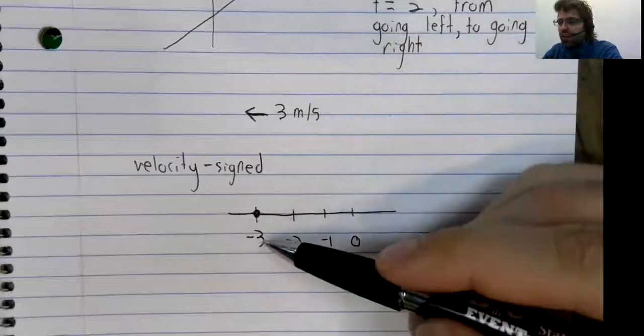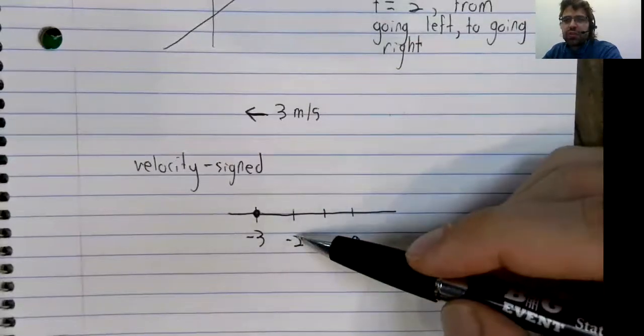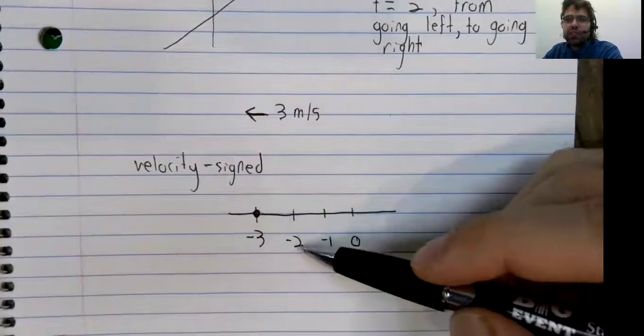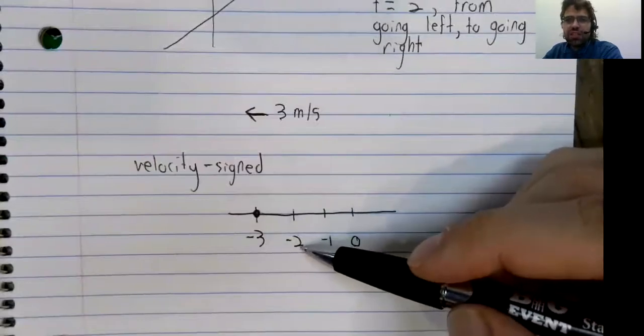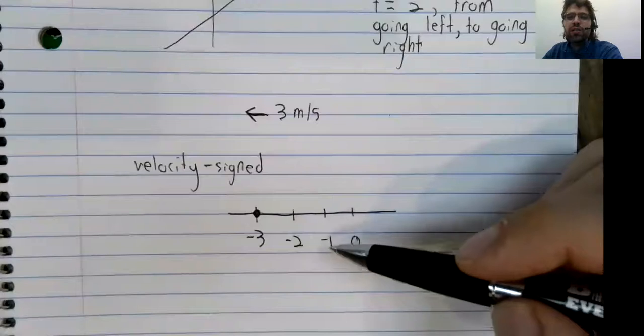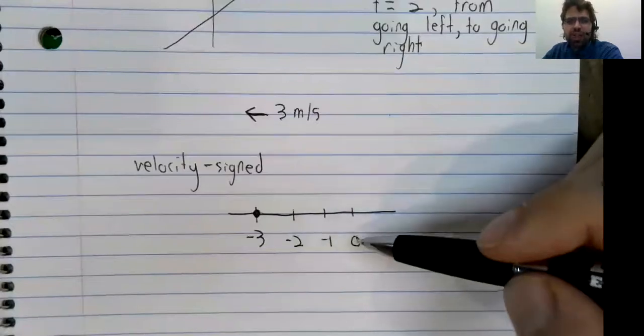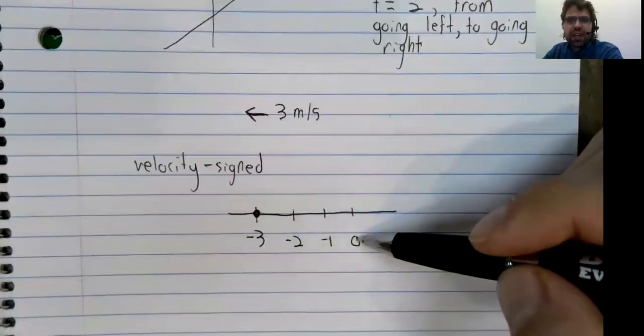decreases. So when the velocity goes from -3 to -2, that's an increase in velocity, but the speed is decreasing from 3 meters per second to 2 meters per second to 1 meter per second, and then finally it stands still.